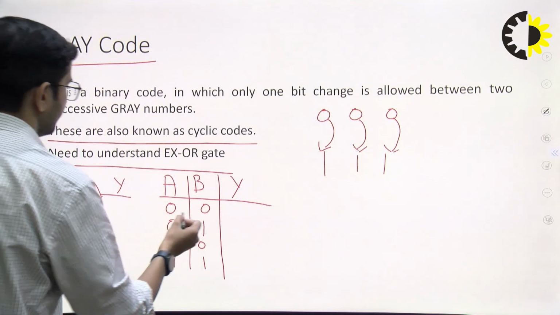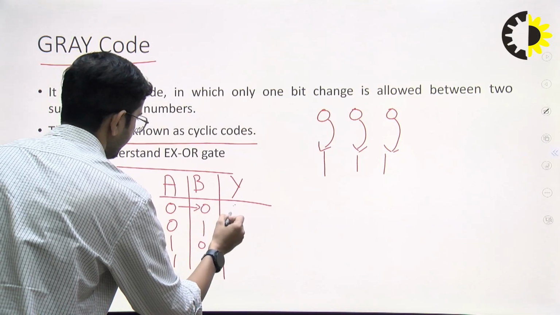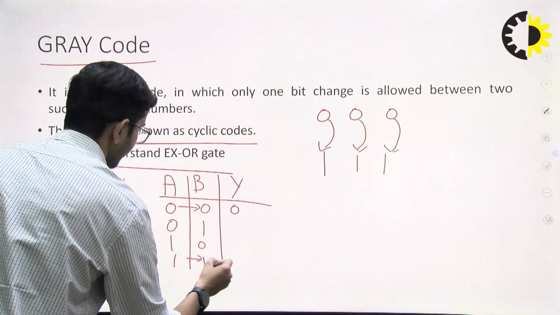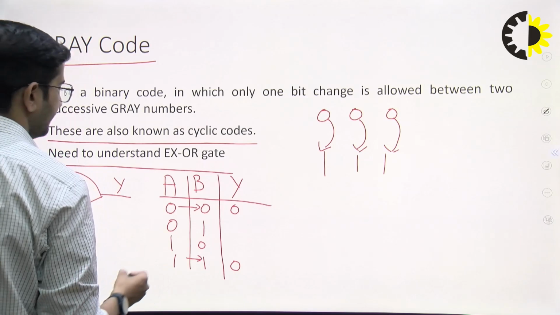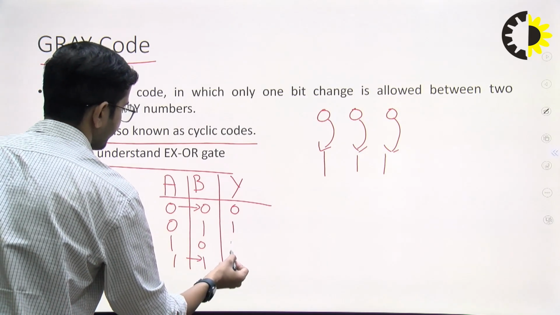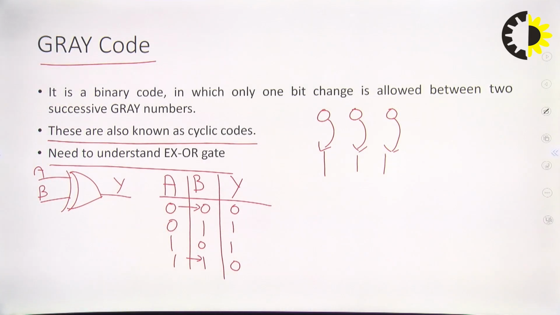So in the XOR gate for the same bits, the output will be 0. If A and B are same, the output will be 0, and for the opposite case, the output will be 1. So this is the representation of the XOR gate truth table.